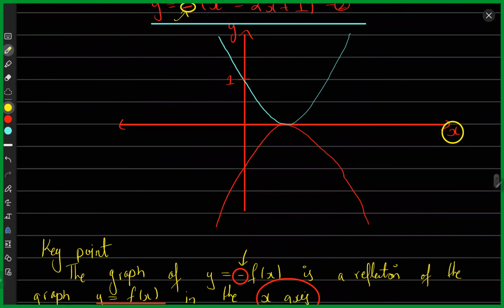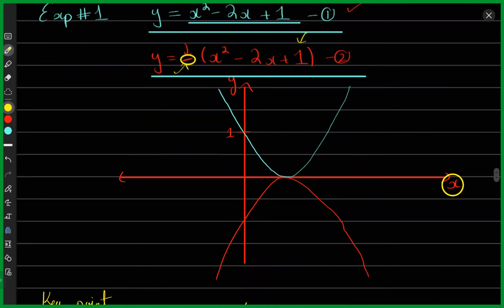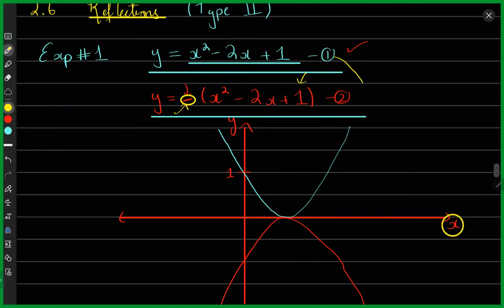The graph of y equals minus f of x is a reflection of the graph y equals f of x in the x-axis. We multiplied this negative sign with the function, and it was a reflection in the x-axis. The blue graph is for the original one, and after adding this negative sign, I got this curve. So it was a reflection in the x-axis.